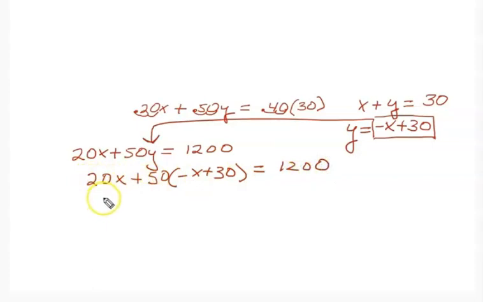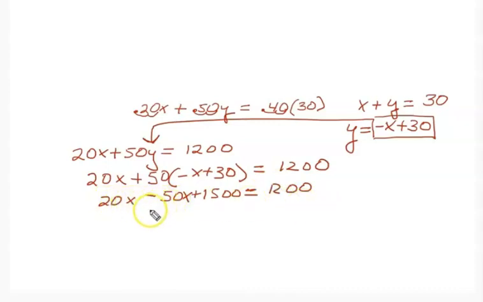So working this through, 20x minus 50x, and then 50 times 30 is plus 1500, equals 1200.